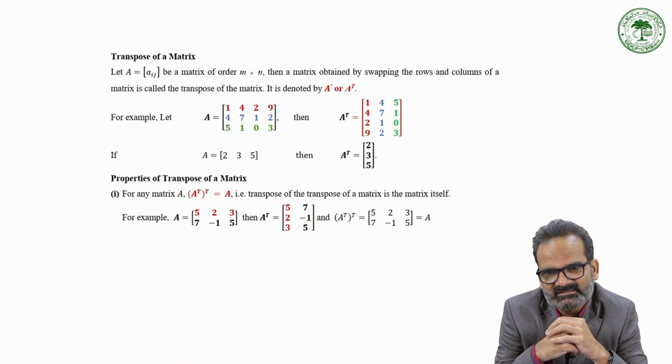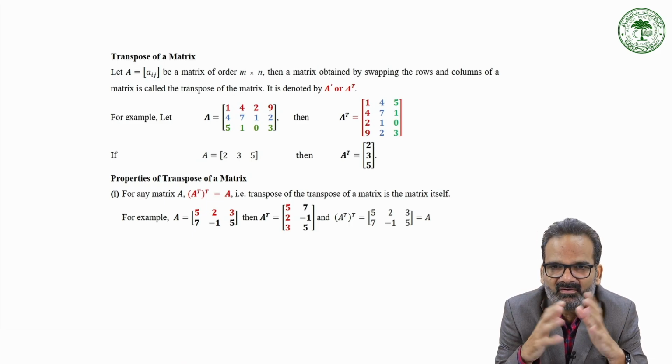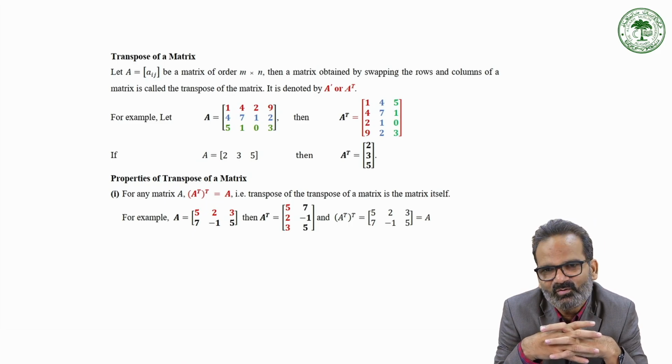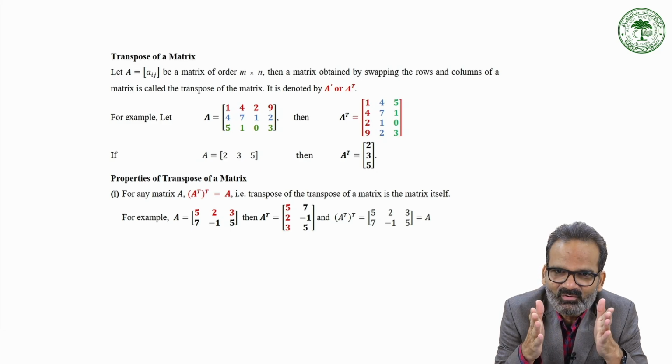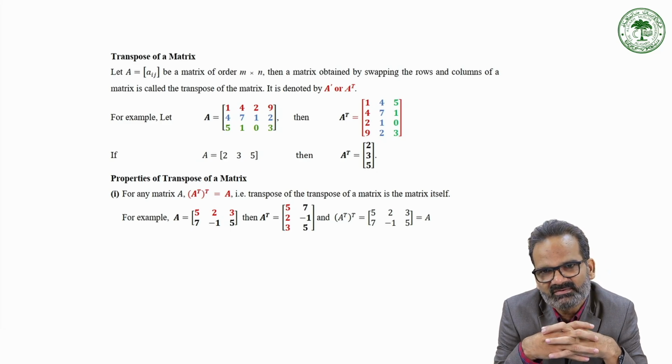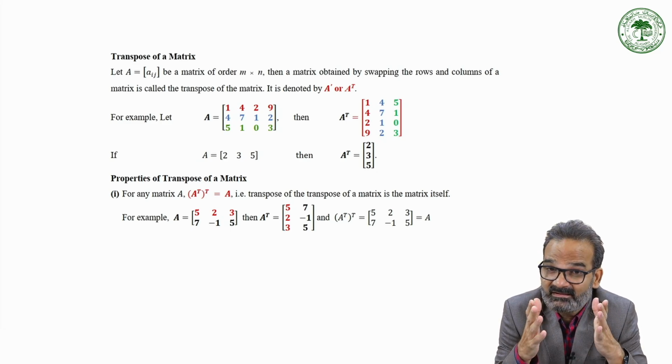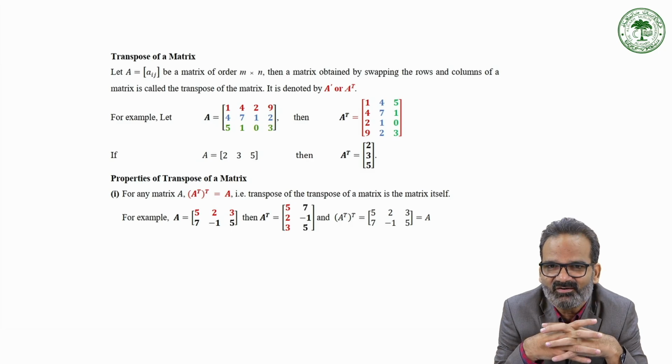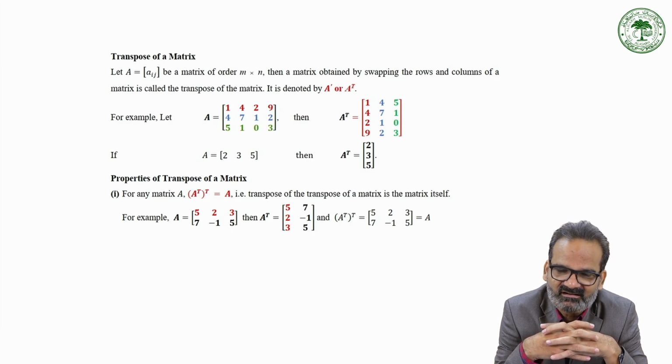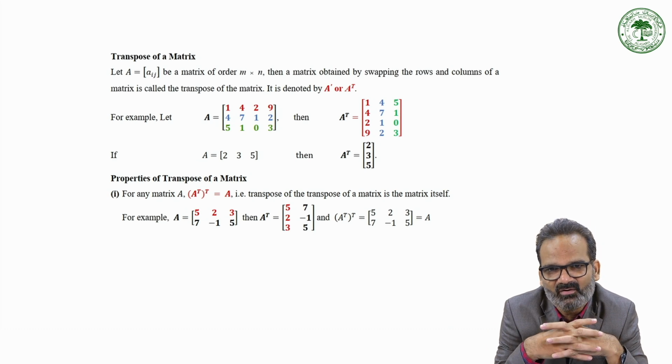The transpose of a matrix is obtained by interchanging the rows and columns of a matrix. But be careful, when you are interchanging the rows and columns, the order of the rows and columns must be preserved, because a matrix is an ordered structure of numbers arranged in a certain number of rows and columns.